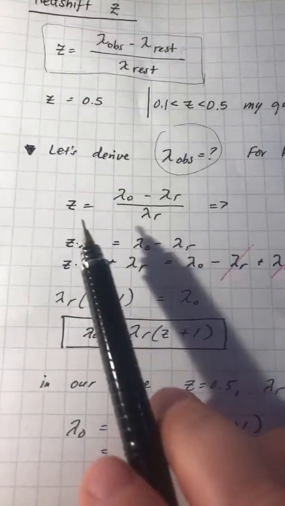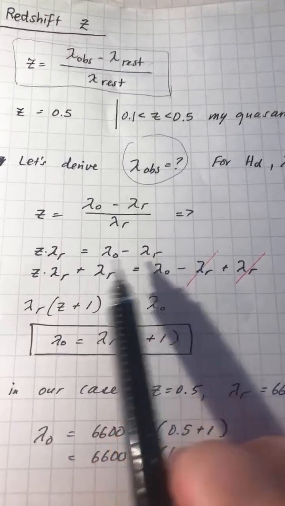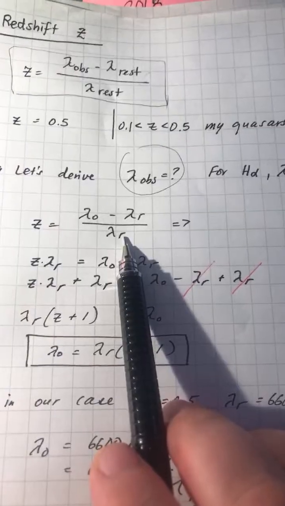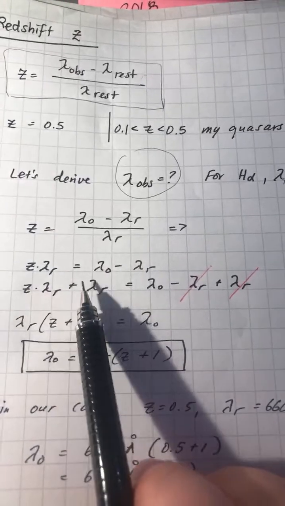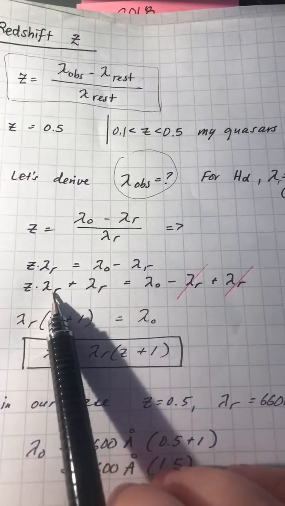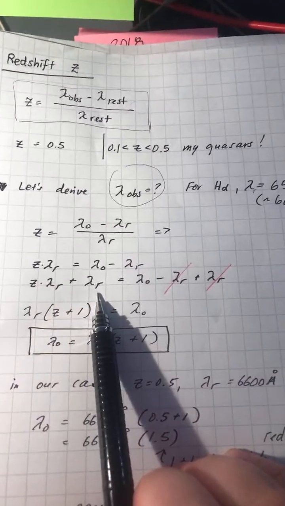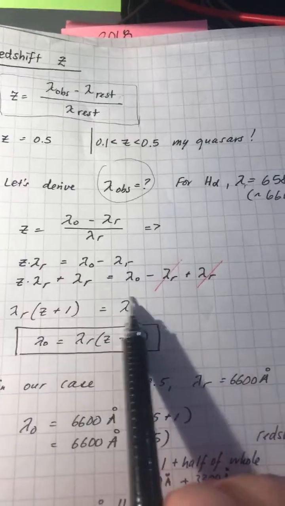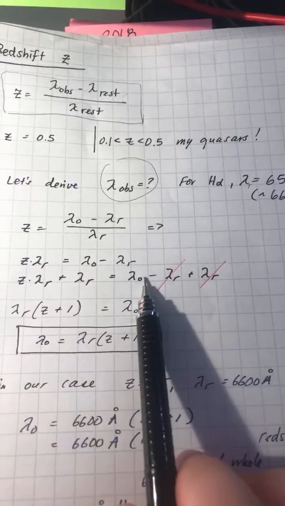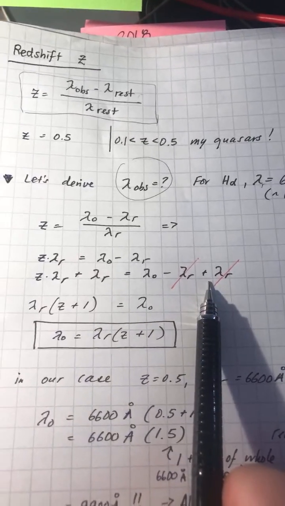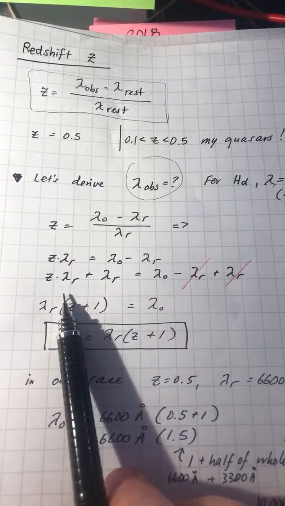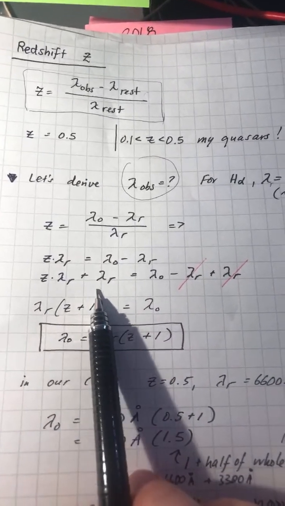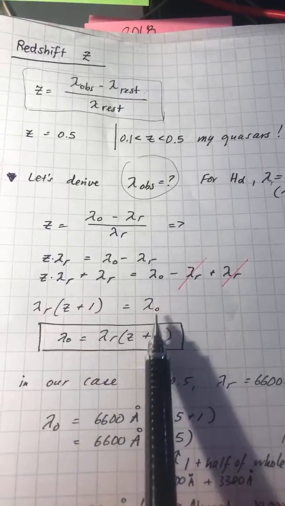So if this is the original formula, we can carry over lambda r. Then we can add a lambda r on both sides of this equation. And here they cancel each other out because there is a plus and a minus. We're left with z times lambda r plus lambda r equals lambda naught.